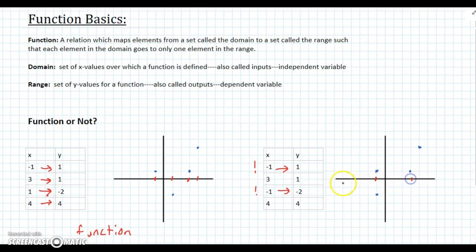The points, the inputs 3 and 4 don't break it. They're fine, right? They only have one output per input. But these 2 right here make this no longer a function. And just because we're kind of on the subject talking about it, it's pretty typical to have these not be like these discrete points.